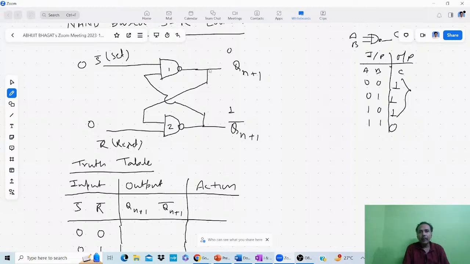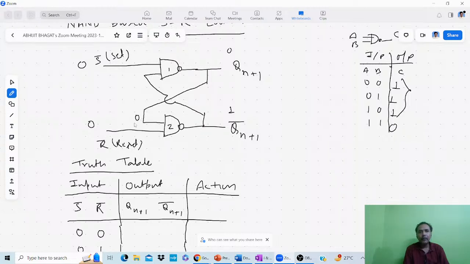Now if it is 1 0, means this is 0. So 0 0, your output will be what? Having one zero makes it one. We can see in the truth table, in case of NAND gate, if any one input is zero, then the output will be one. So if either of the two is zero, your output will be one.